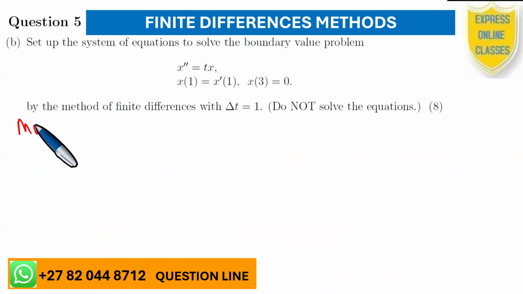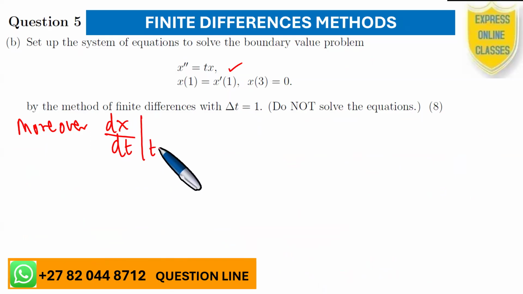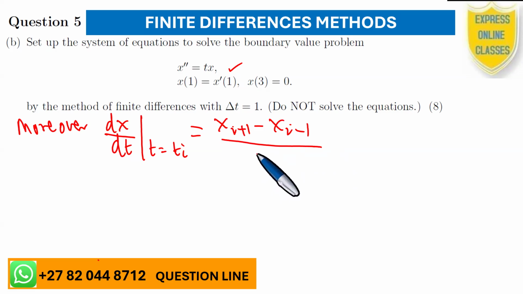Moreover, when we're dealing with this second derivative, like the first derivative, we need to note that whenever we are dealing with dx dt evaluated at t equals t sub i, this is x sub i plus 1 minus x sub i minus 1 divided by 2h.